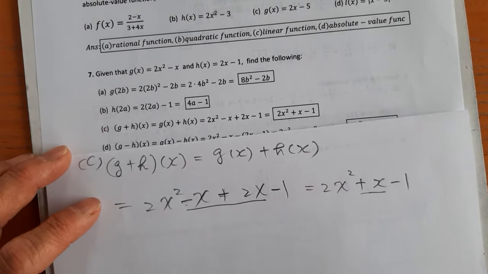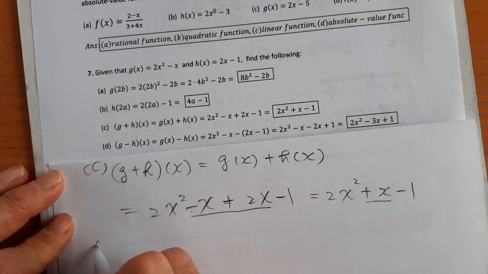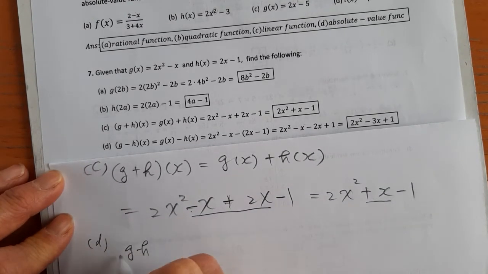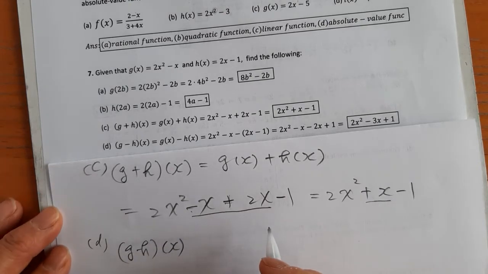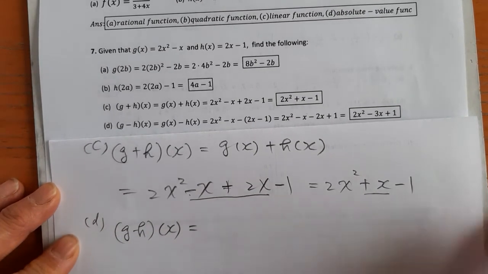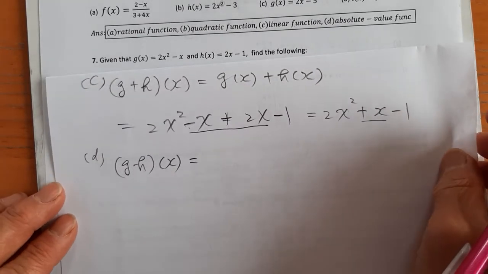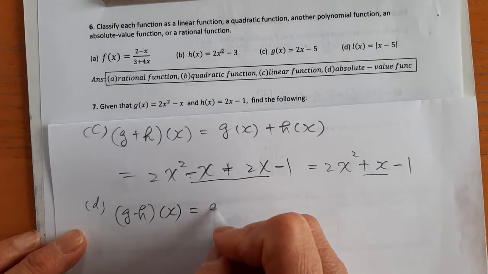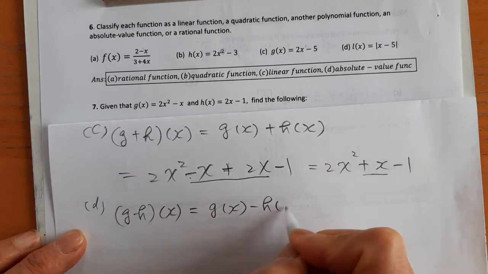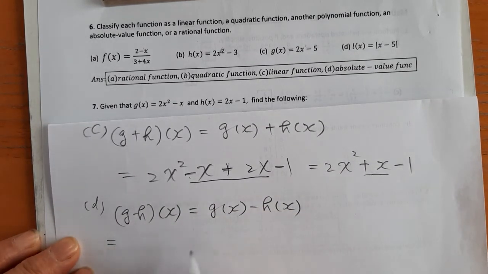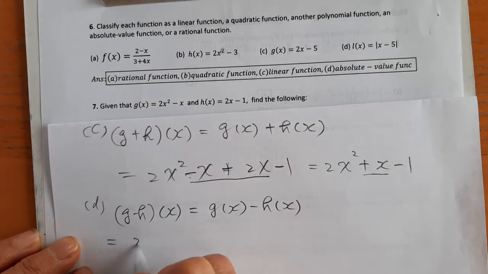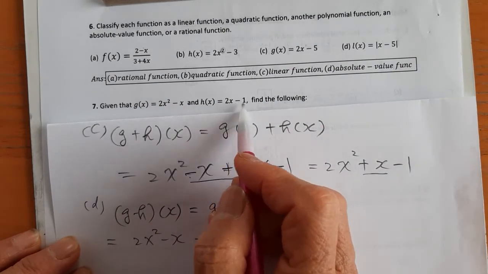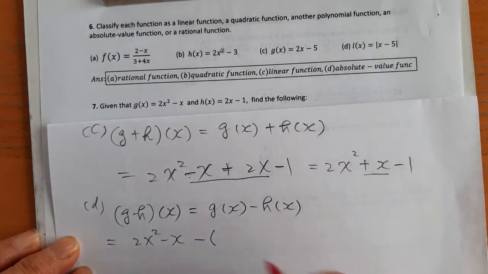And D, find the subtraction, g minus h of x. That is the two functions doing subtraction. g of x minus h of x. g of x is 2x squared minus x, minus, what is h of x? 2x minus 1. Put the parentheses. You need to put the parentheses.